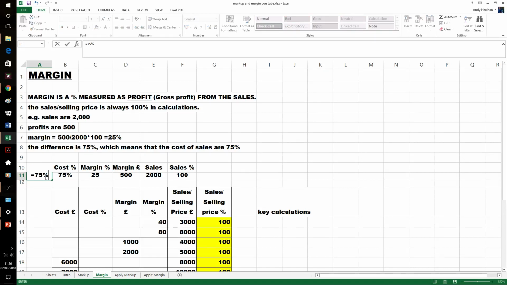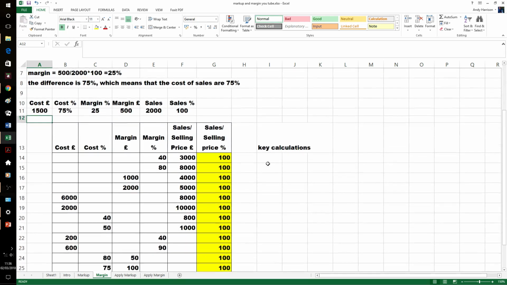So if we now do 75% of our sales, we get our cost, and then that adds back up 1,500, 500, back up to the 2,000. So it's a different way of working out, but effectively fills in the same columns, just in different ways.